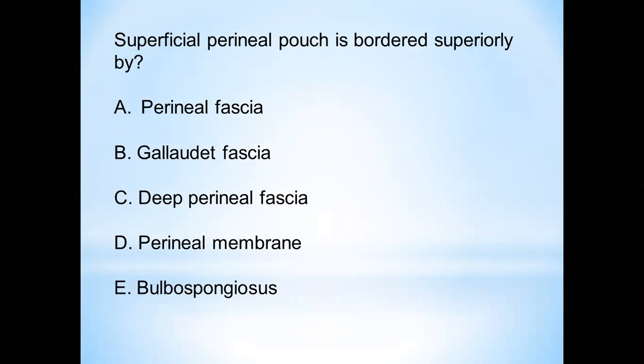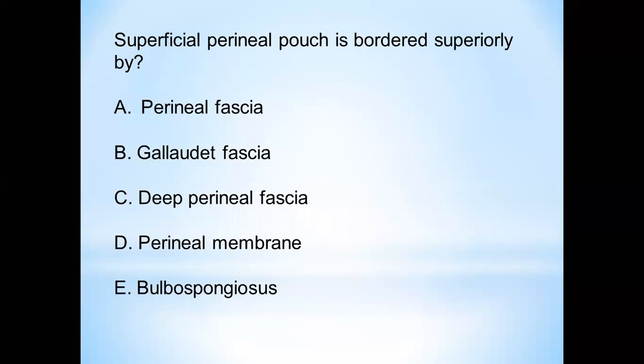Superficial perineal pouch is bordered superiorly by perineal fascia, Colles fascia, deep perineal fascia, perineal membrane, bulbospongiosus muscle. Perineal membrane.